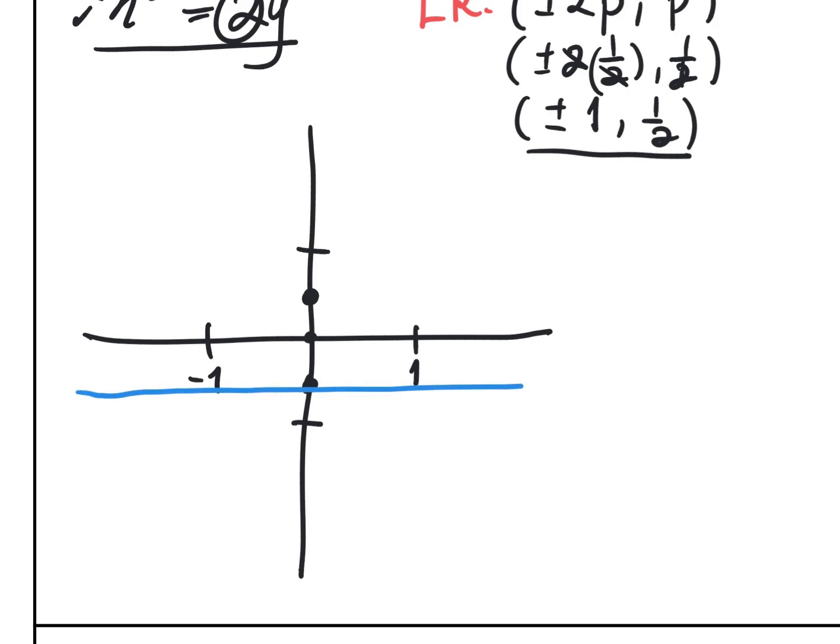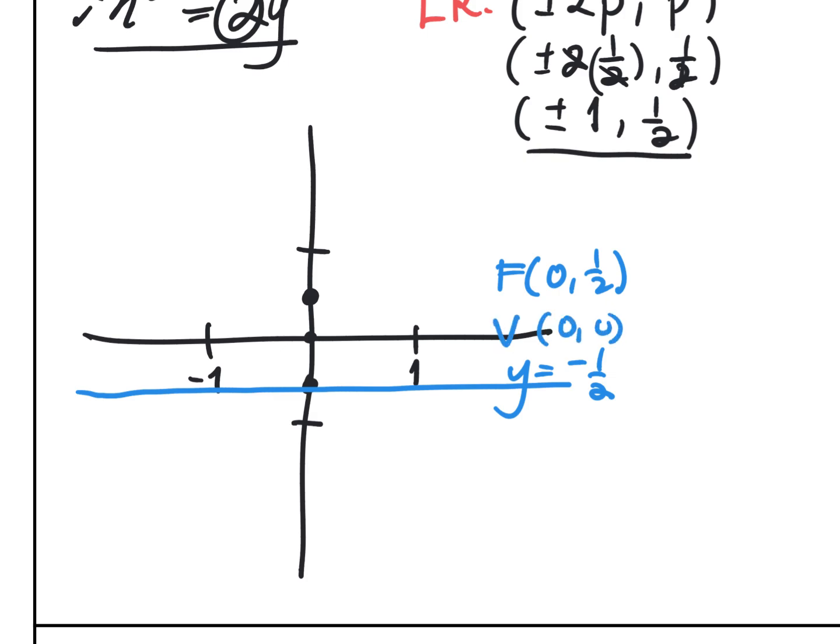It's located at negative 1/2, y is equal to negative 1/2, and my focus is located here. The focus is located at 0 and then 1/2. My vertex is located at 0, 0.